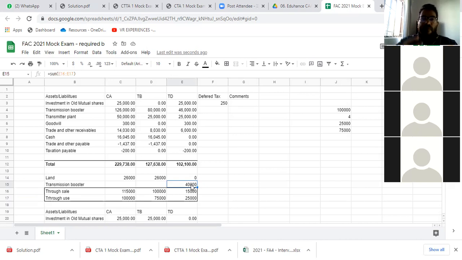But this 40,000 is made up of two aspects: your normal tax rate and your CGT rate. So we need to split it: through sale will generate capital gains, and through use will generate your normal tax rate or your recoupment.